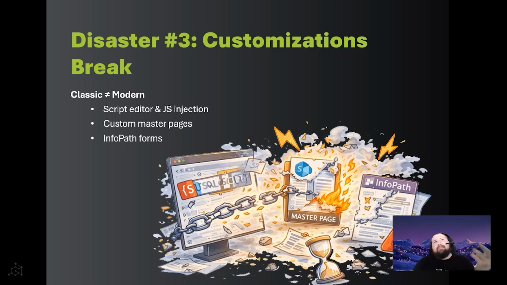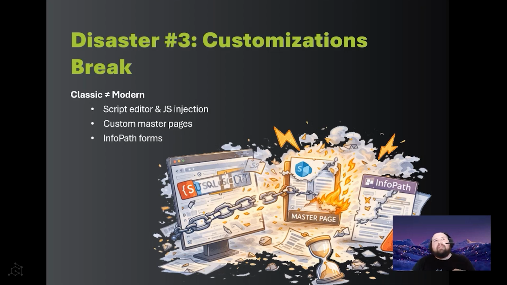Disaster number 3, customizations break. This is relevant to your classic stuff. So if you're running SharePoint on-premise that's 2013 or older, or you had 2016 or 2019 running with classic functionality, classic pages, custom master pages, even InfoPath forms, these will all immediately cease to function and they will not move over into a SharePoint Online environment.